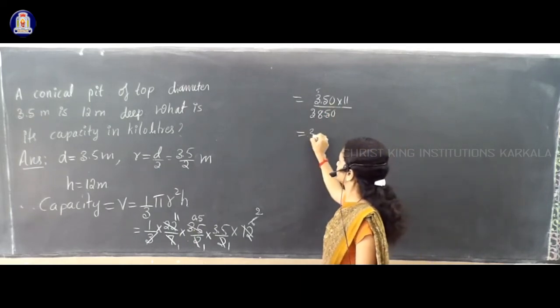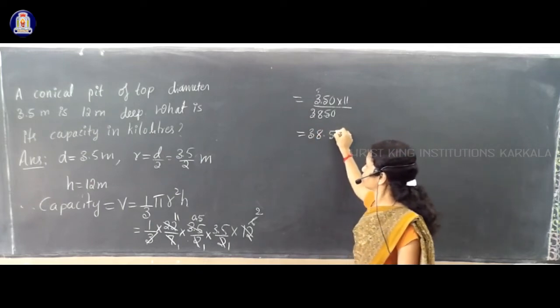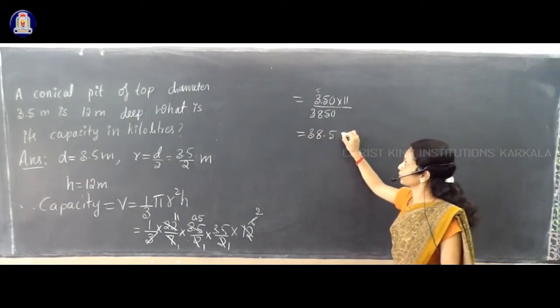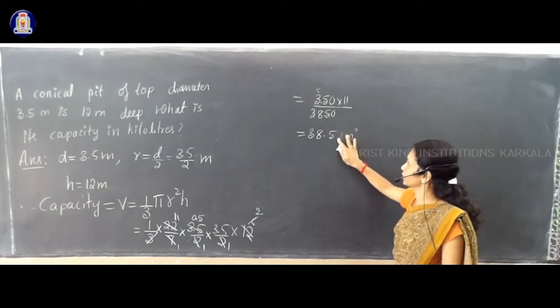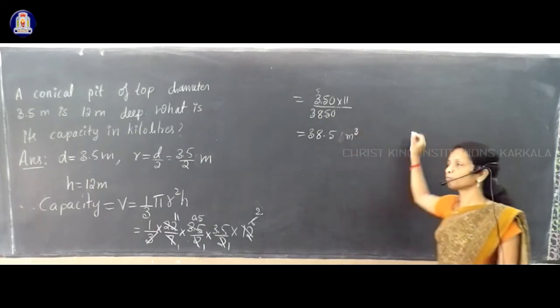So that is equal to 38.50. Yes, so 38.5 we can write meter cube.